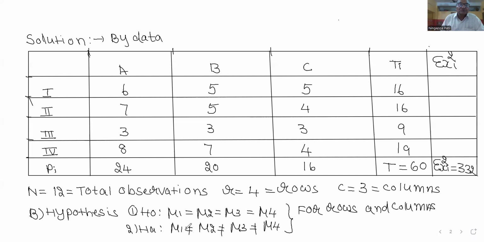And H1 is the opposite of the null hypothesis: mu1 not equal to mu2 not equal to mu3 not equal to mu4. This statement is true for rows and columns, both. Okay. And for the columns only, mu1 equal to mu2 equal to mu3. For the rows, it becomes mu1 equal to mu2 equal to mu3 equal to mu4 because 4 rows are there.